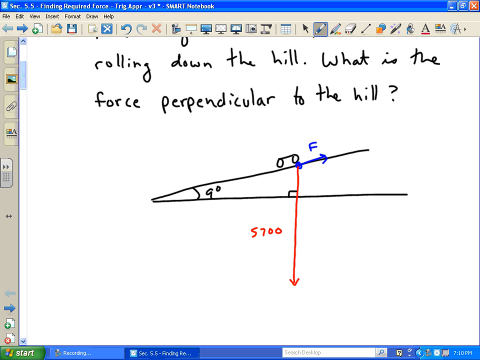One of the parts of the question is asking for the force that's perpendicular to the hill. So I'm going to draw another line that's perpendicular to the hill, so it's going to form a right angle with the hill there. This is a little bit distorted, but the force vector that I have up top can be copied down to the bottom.